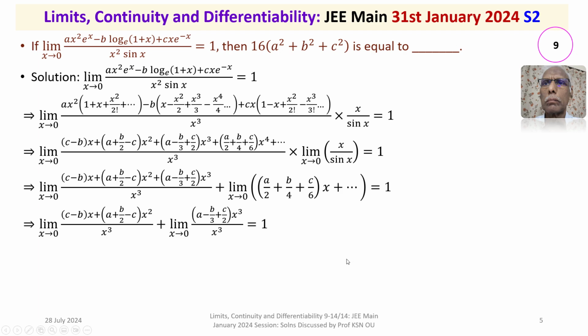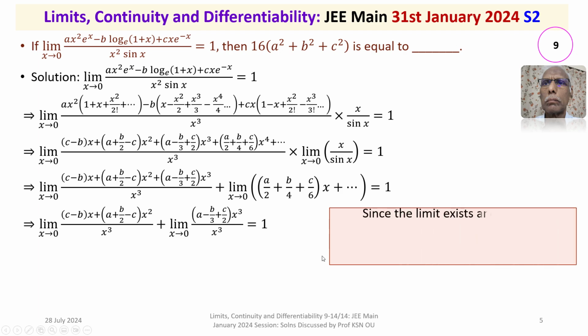If this is not so, then limit x tends to 0 of (c minus b) into x plus (a plus b by 2 minus c) x square, by x cube, does not exist. Therefore, you must have c minus b is equal to 0 and a plus b by 2 minus c is equal to 0.